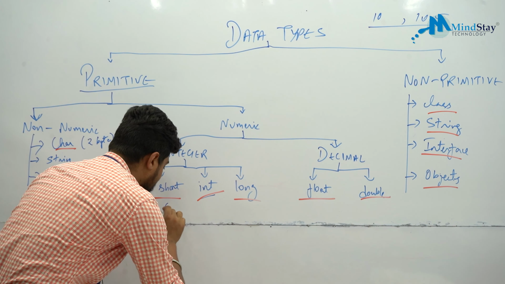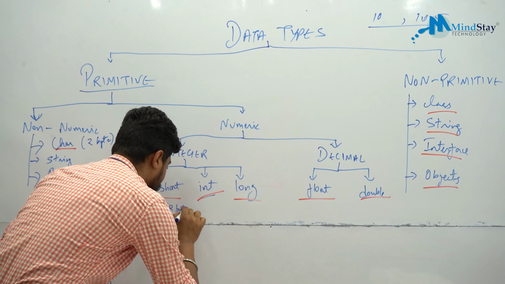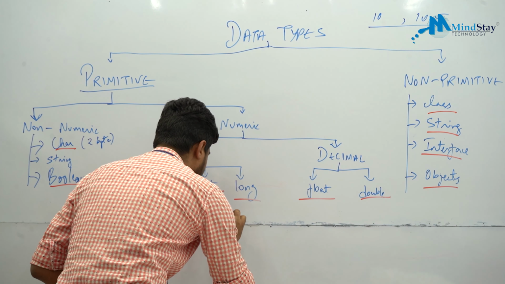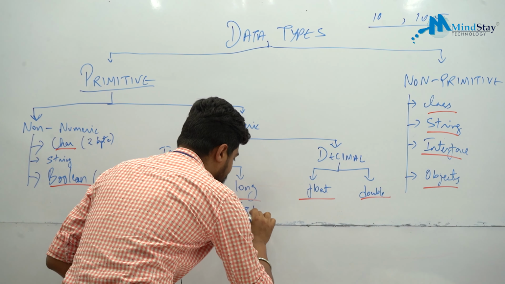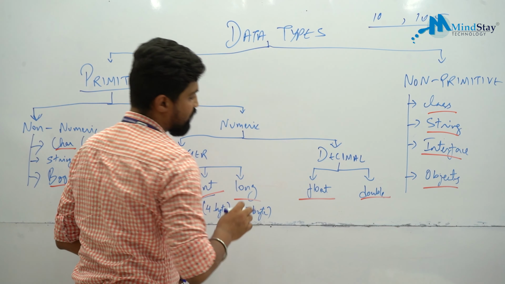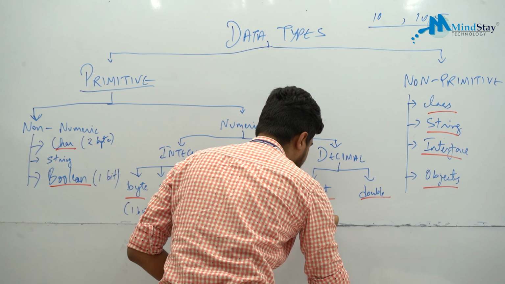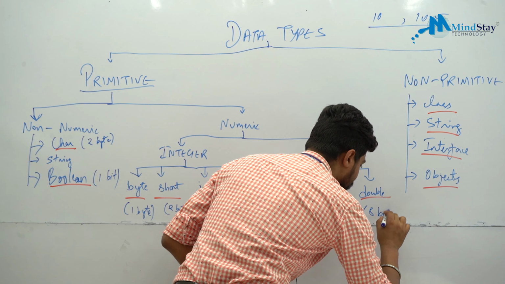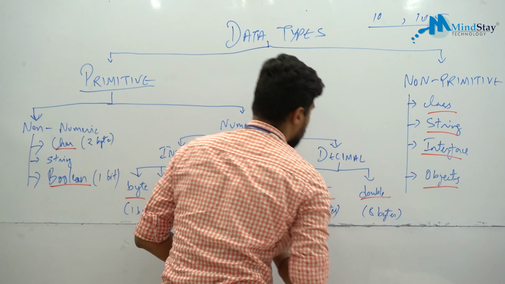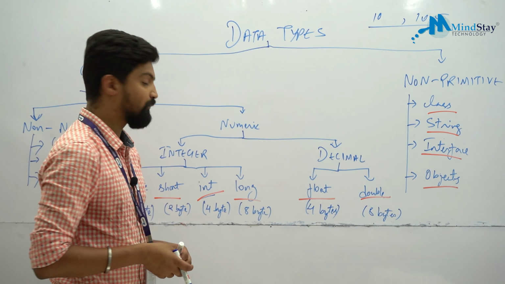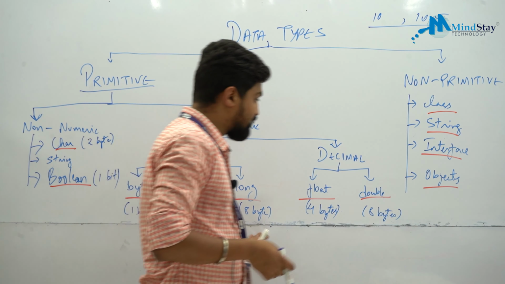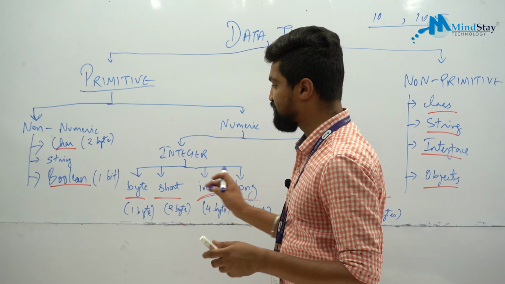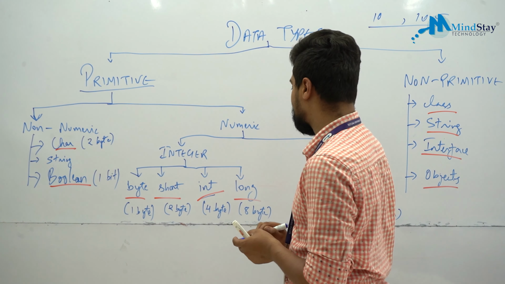Short has 2 bytes of storage. Int has 4 bytes, and long has 8 bytes. In decimal, float has 4 bytes and double has 8 bytes. So these are the storages offered by default to all your characters and integers. Always remember that.